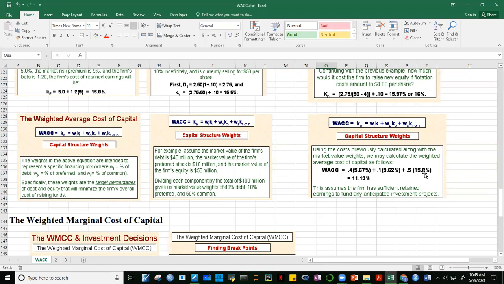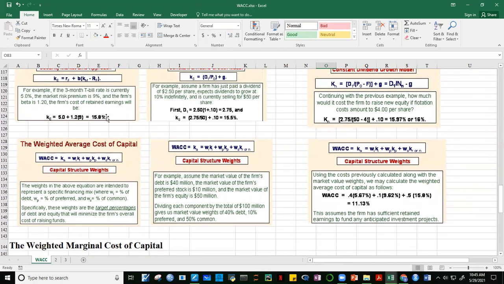Okay, we got 15.8% here. Which one was used here? It's slightly different depending on the method of computing. If we compute that, we're now able to compute the weighted average cost of capital. This is what is used, guys, to determine whether an investment is feasible or not.